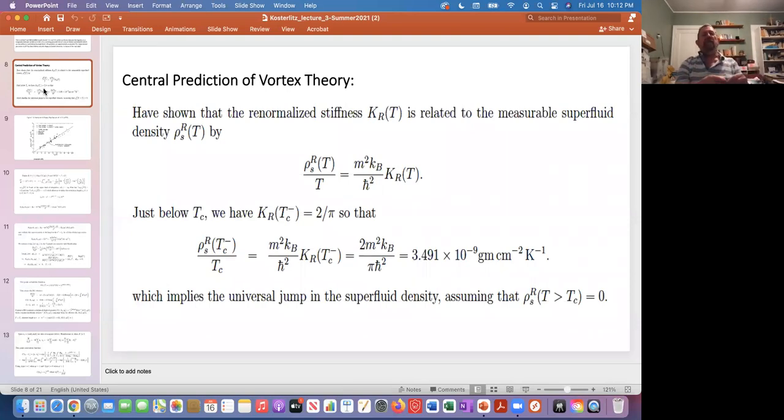They're around because of, if you like, dimensional demands. And the only thing that comes out of the calculation is the 2/pi. That's what the renormalization group tells you, that the proportionality constant is this 2/pi.